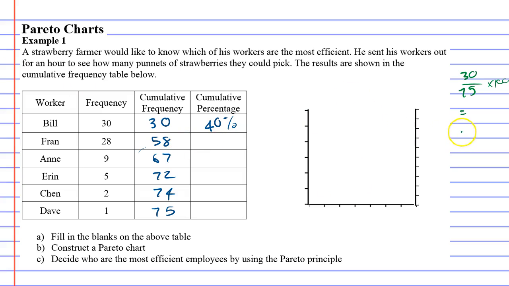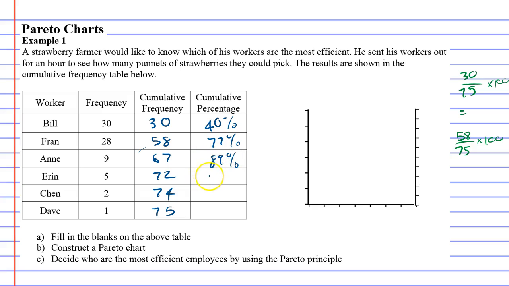So the next one's going to be 58 over 75. They're all going to be over 75 times 100. 58 divided by 75 times 100 comes out, if we round it, to 77%, and then we're going to do 67 over 75 times 100, which is 89%.